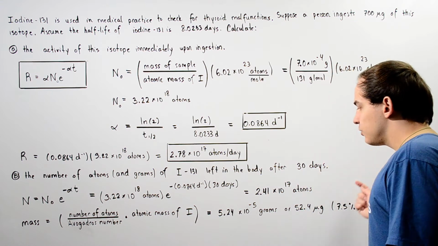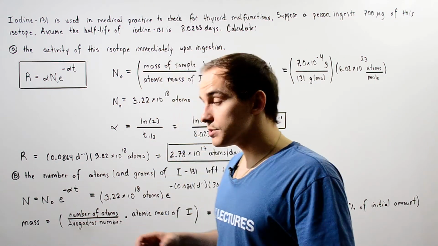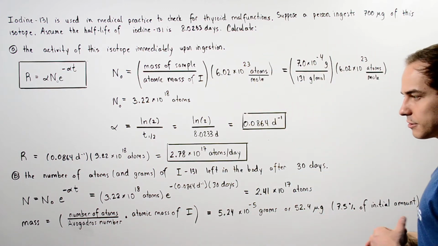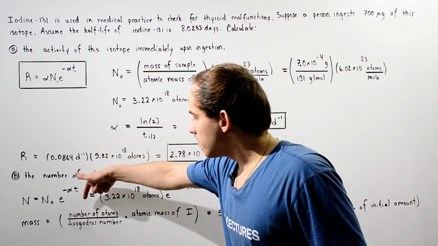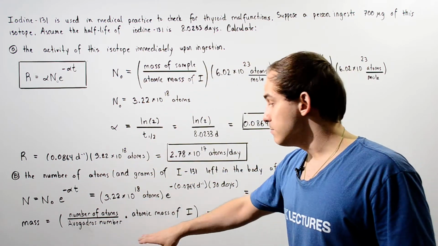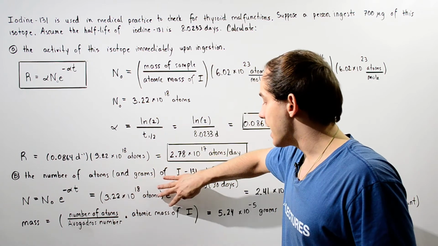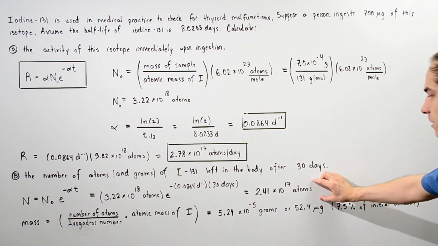Now we can use this to calculate what amount in grams we are left with. The mass is given by taking the number of atoms, dividing that by Avogadro's number, and multiplying that by the atomic mass of iodine. The number of atoms was found in this section.